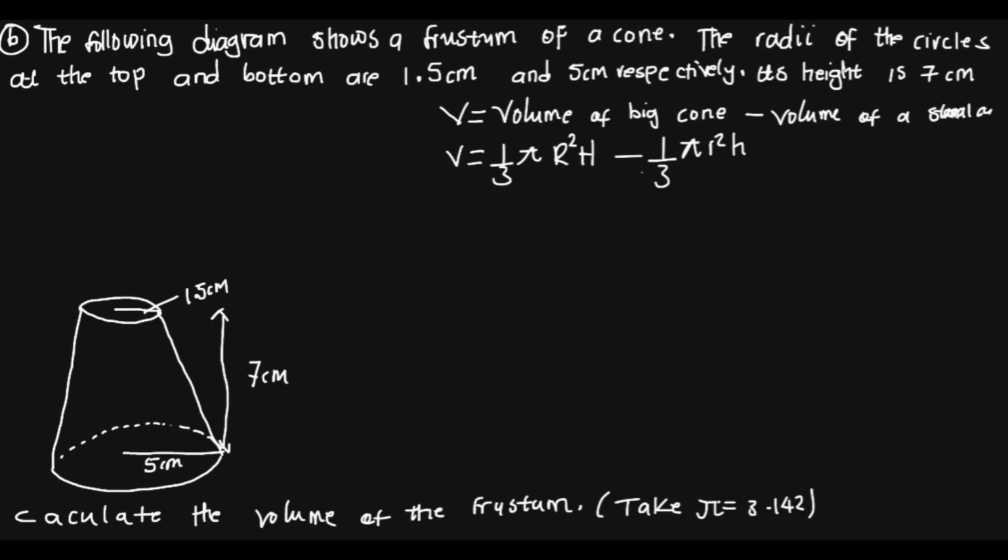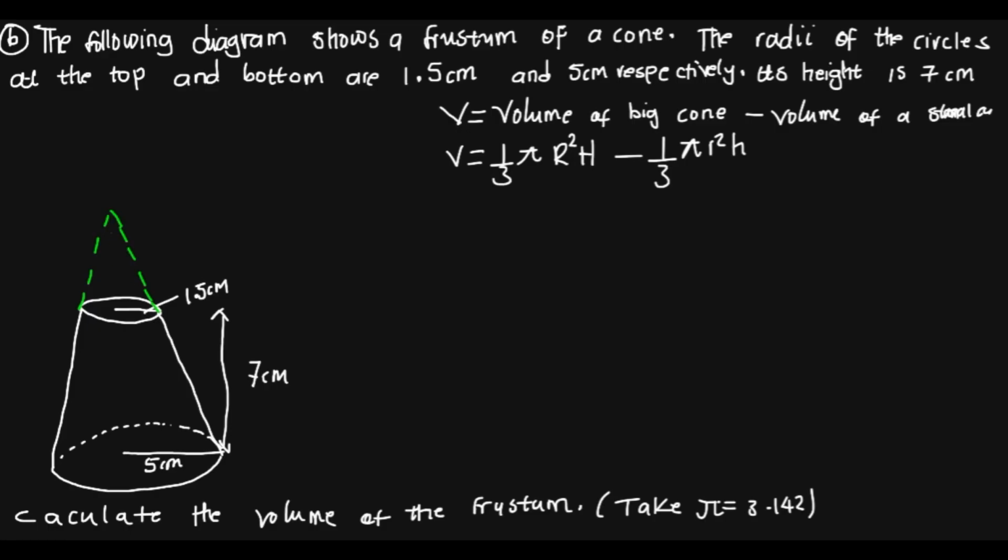height of the smaller cone and also the height for the larger cone. So how do you do it? Let's try to complete this one as now a cone. As you can see, if we have made this as a cone, we now have two cones.